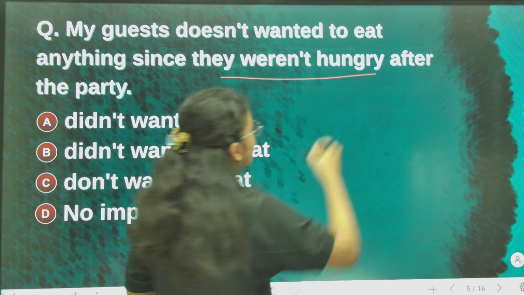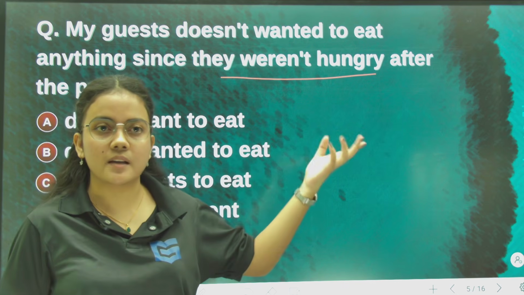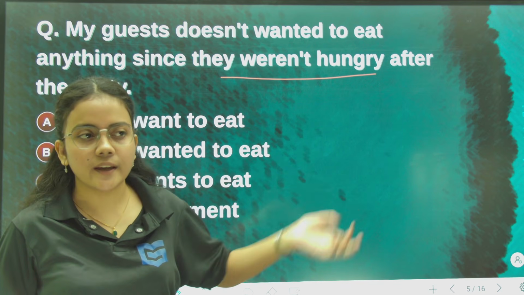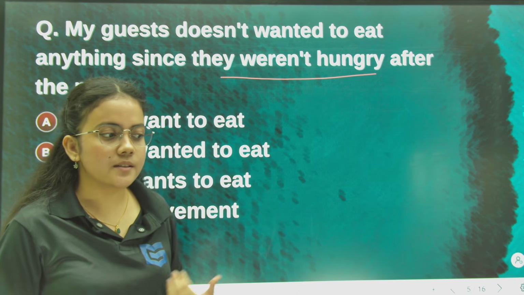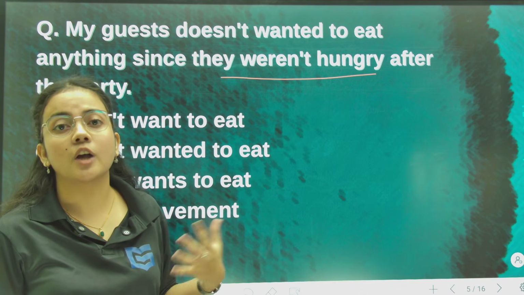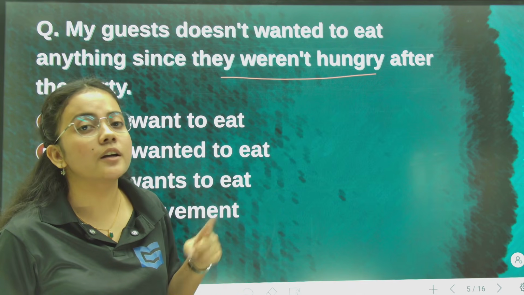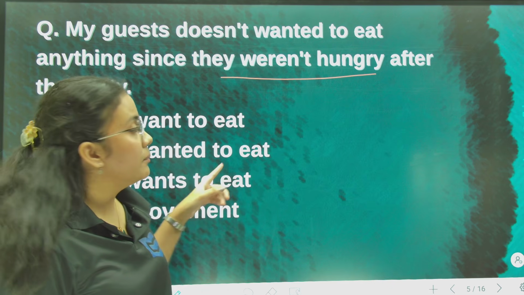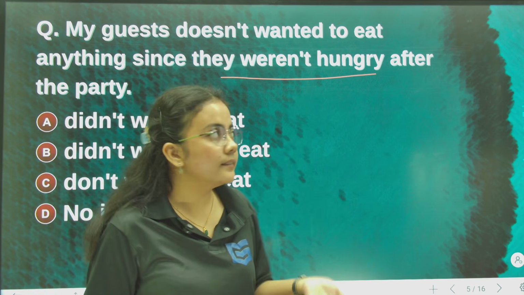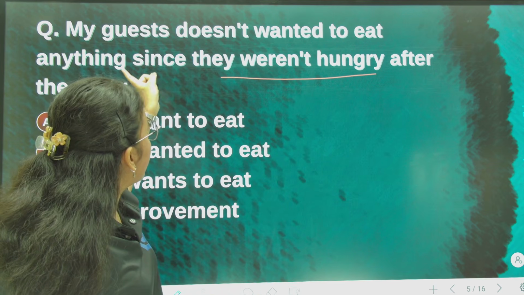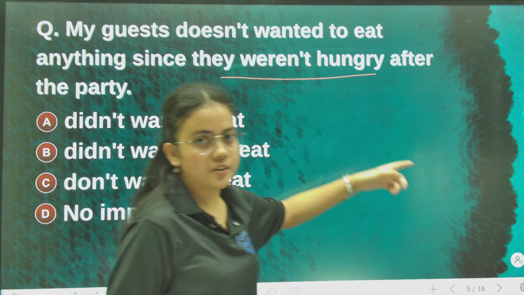This shows that the action has happened in the past, this is a past event. So my guests, the guests who came, were not hungry, they weren't hungry. Because they weren't hungry, they did not want to eat. My guests didn't want to eat, okay.